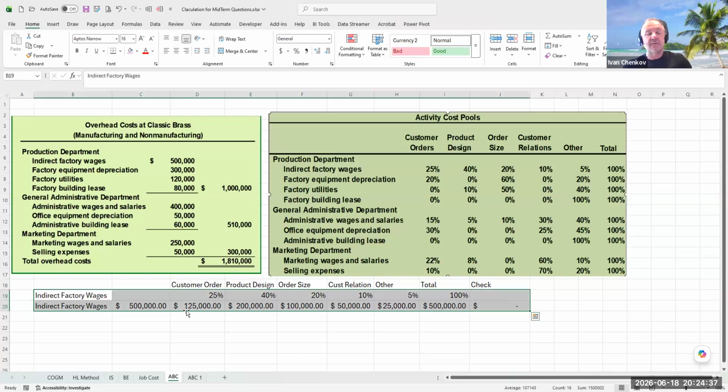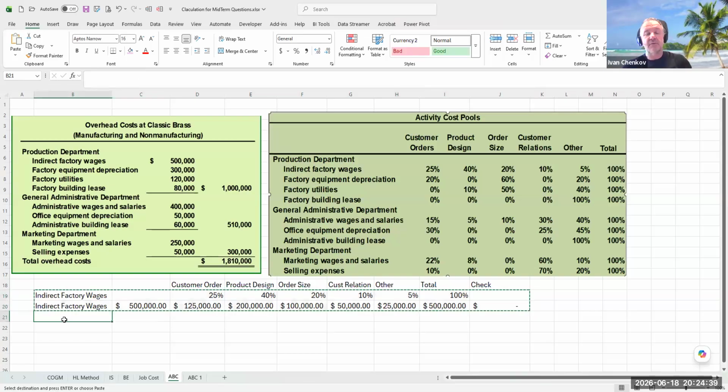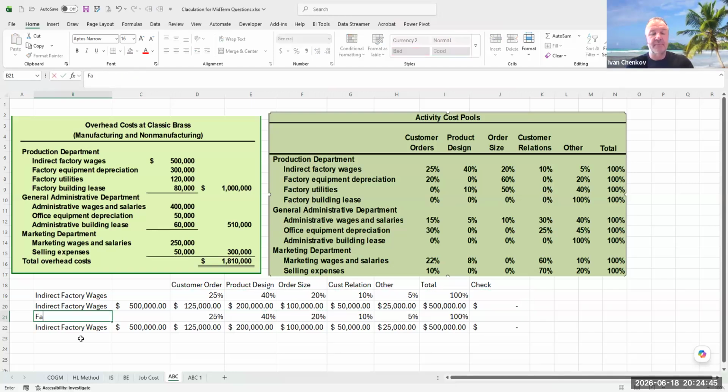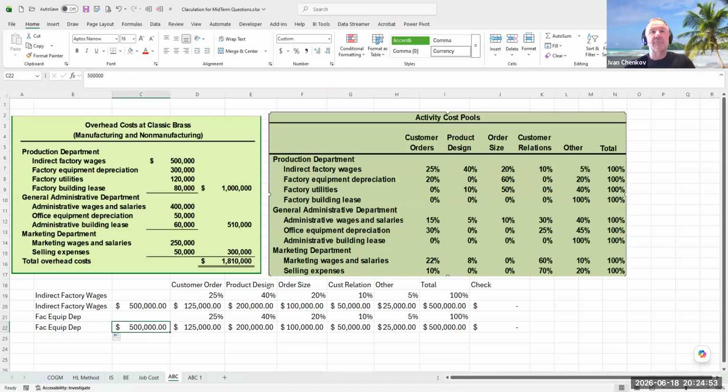That will be the first, and then you copy, and you're going to go to the next one, which is the factory equipment depreciation. And then you're going to say same thing, but my cost here is 300,000. Now you have to change the formula here because we are locked on the previous one.